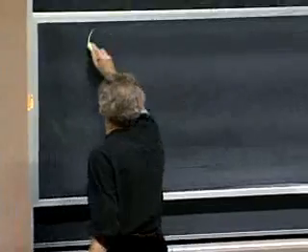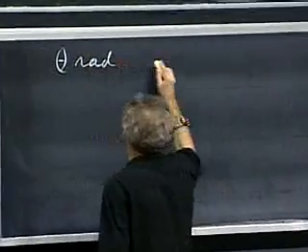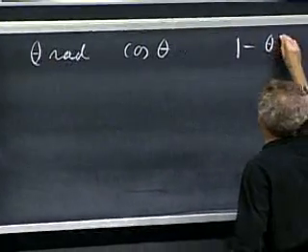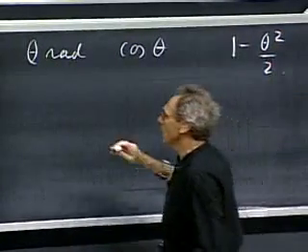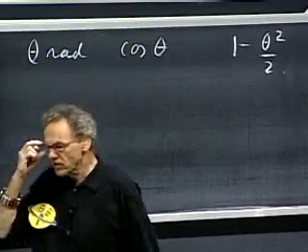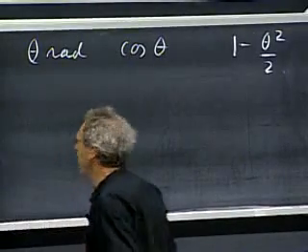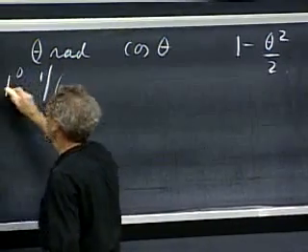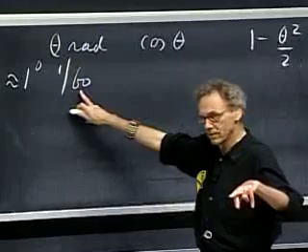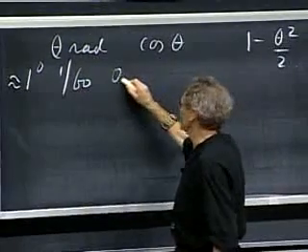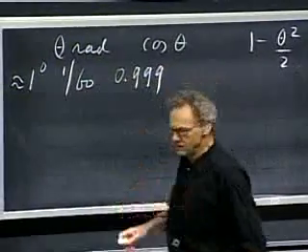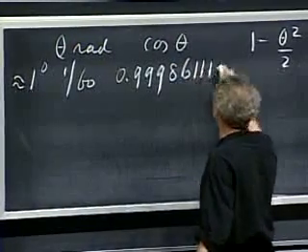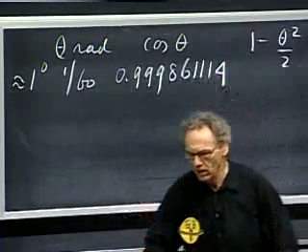If I give you here theta in radians, and here the cosine of theta, and here 1 minus theta squared over 2, then if I take 1/60th of a radian, which is approximately 1 degree, but I pick exactly 1/60th, and I ask what the cosine is, that is 0.999861114, just using my calculator.